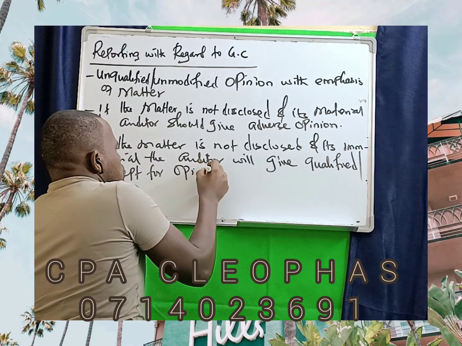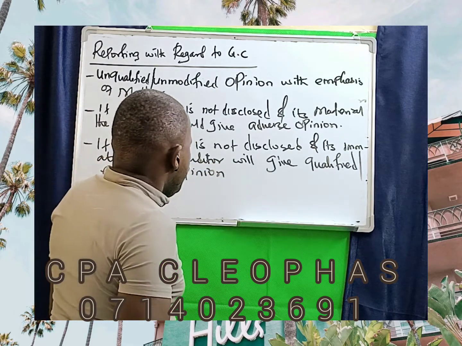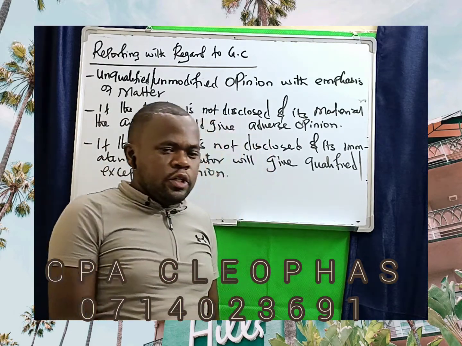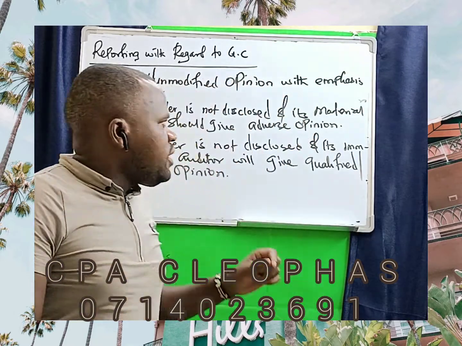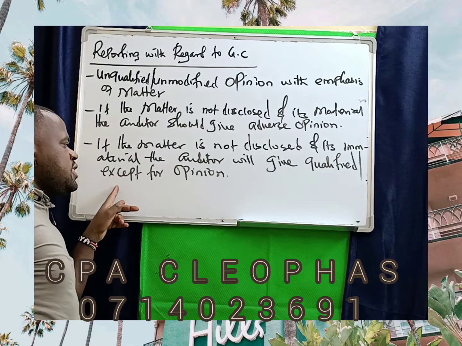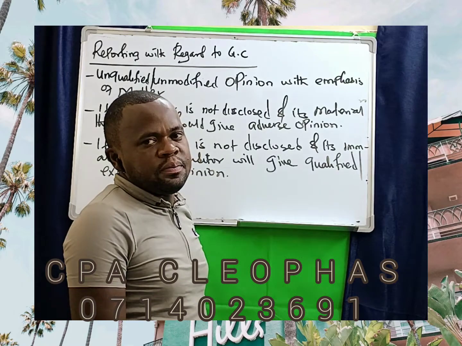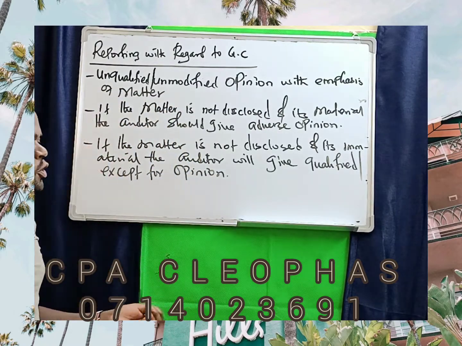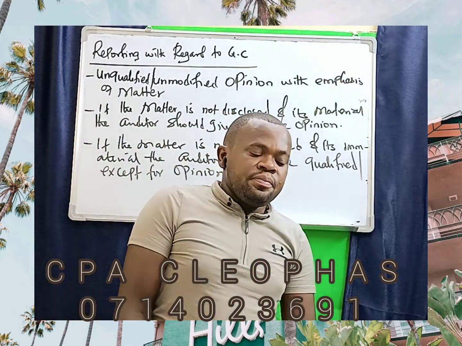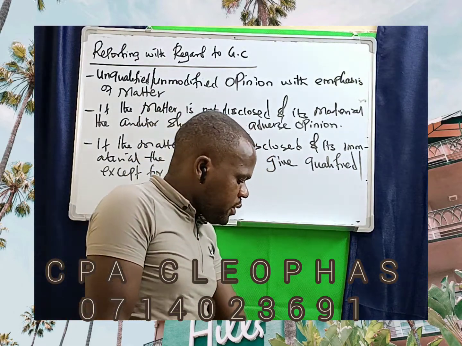It can also be called a modified opinion or except for opinion. So that's what the auditor will do. I'm saying if the matter is not disclosed and it is not material, give an except for or qualified opinion or modified opinion. So that is the reporting with respect to going concern. How do we mitigate the going concern problem?